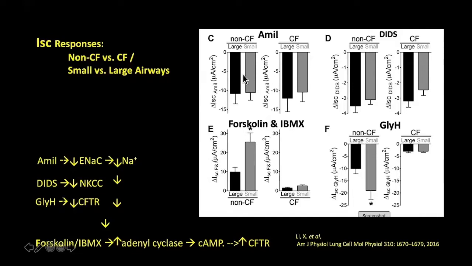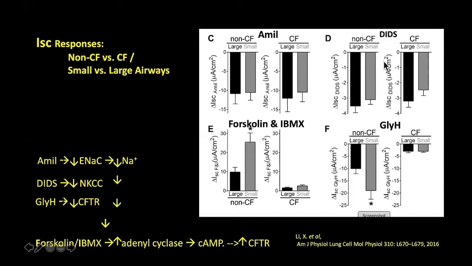There's significant inhibition of the current. In the CF tissue, it's about the same. It inhibits ENaC in the large airways to almost the same extent as in the small airways, and there is no difference between its effect in non-CF tissue versus CF tissue.